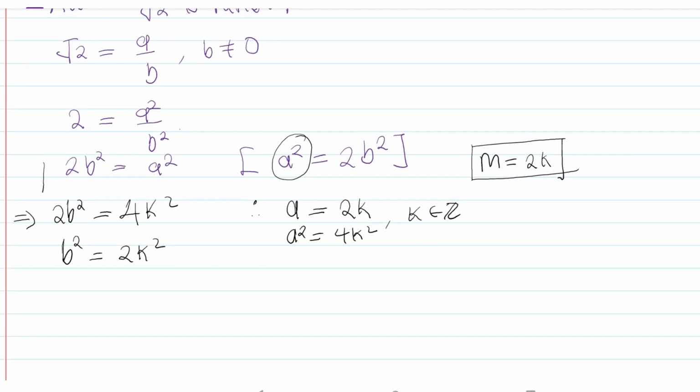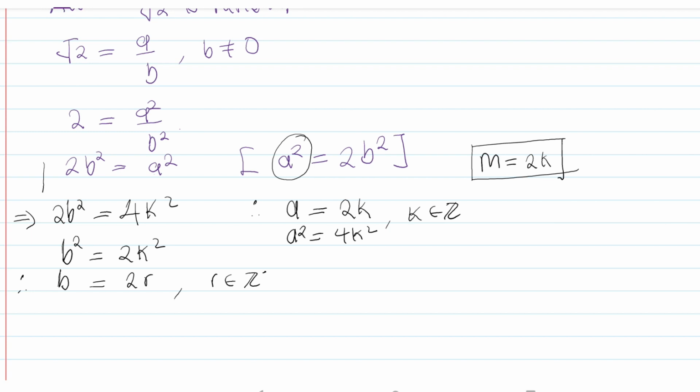So you can see that b squared has also been written in the form of 2 multiplied by something. So this implies that b squared is even. Therefore, we also conclude that b is even. So b can also be written in the form of 2 multiplied by r, where r is also an integer.